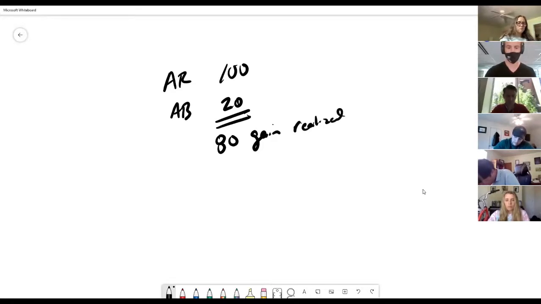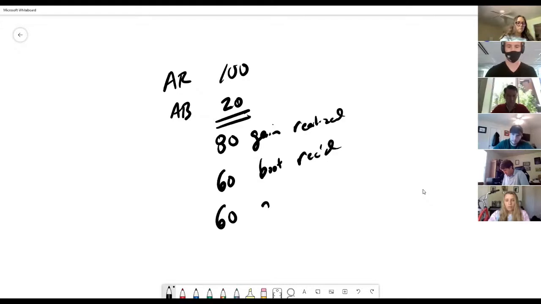But now the boot received is the 10 of actual cash plus the 50 of debt. So now it's 60 of boot received. So now the lesser of is 60, so 60 gain recognized. That's an extra 20 of gain recognized, because before we had 40.